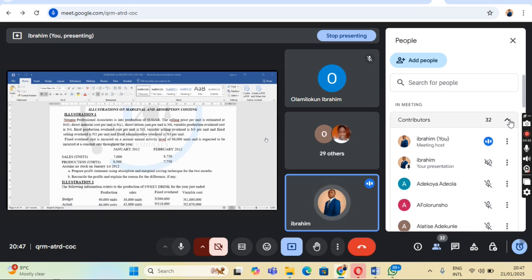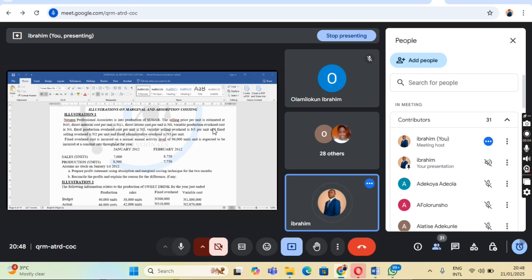Now, if that is established, we still have other costs. The variable production overhead cost is 4 naira per unit.